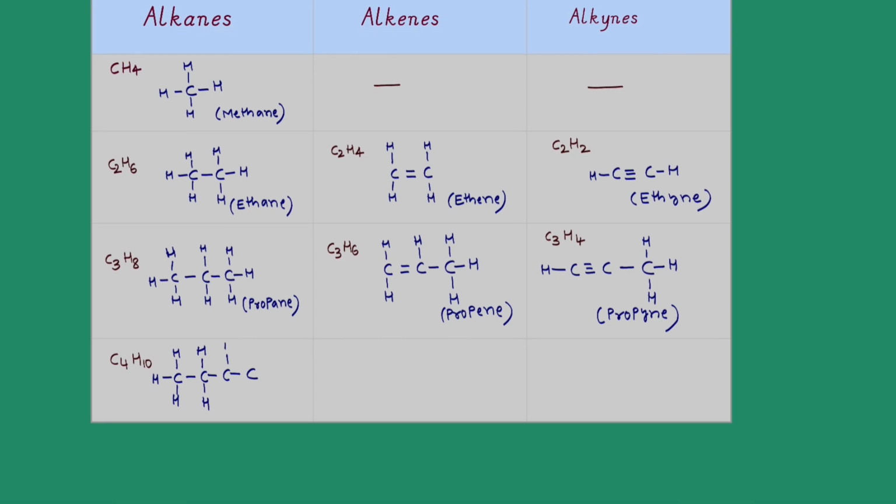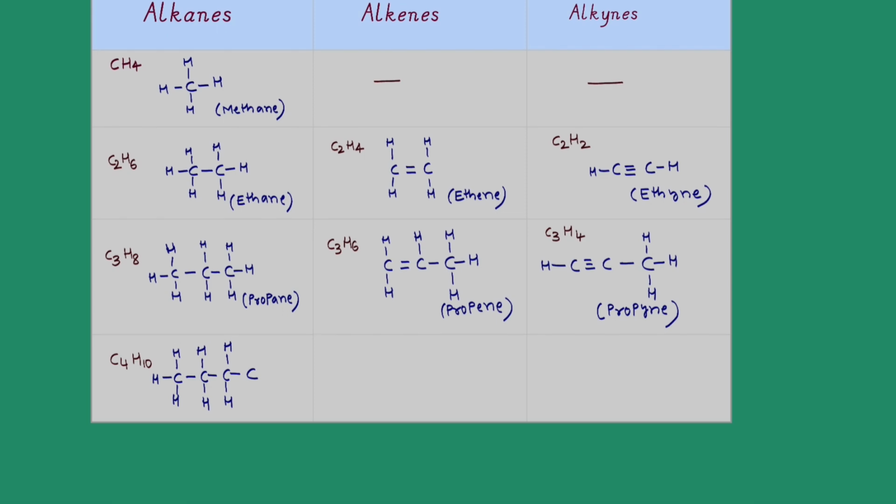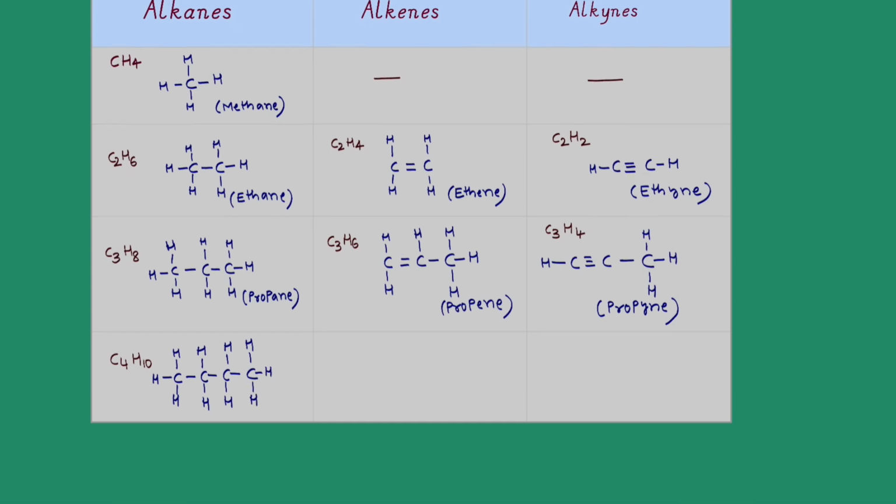On the third carbon we can draw two hydrogens because already 2 bonds are over. On the fourth carbon we can draw three hydrogens because only one bond is over as of now. So like this C4H10 can be drawn, which is called butane.